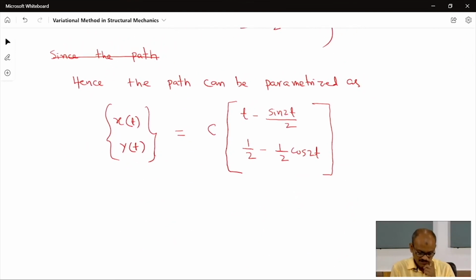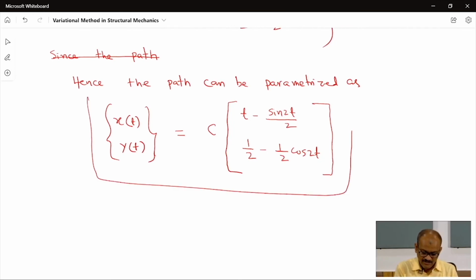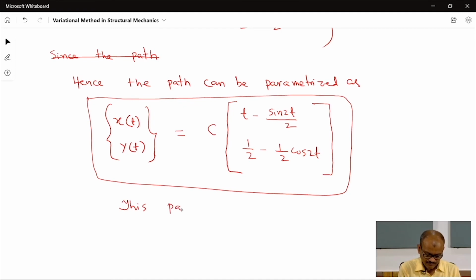So this is the final derivation. This path is a cycloid.